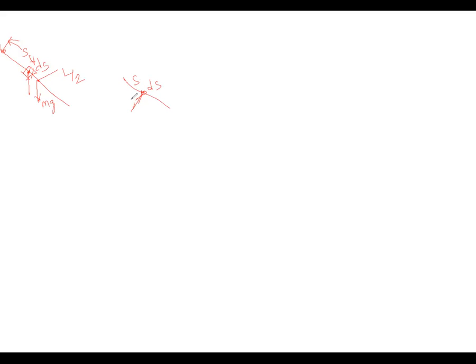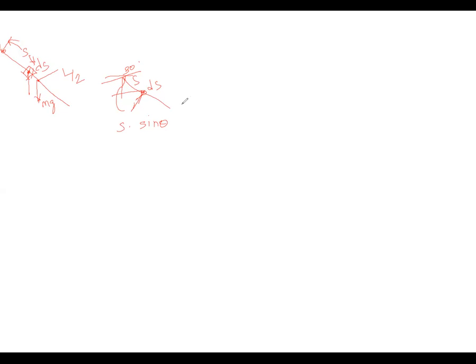So the pressure created here, at a distance S, this angle is 30°. If you take the height at a particular S value, it is given by S sine theta.